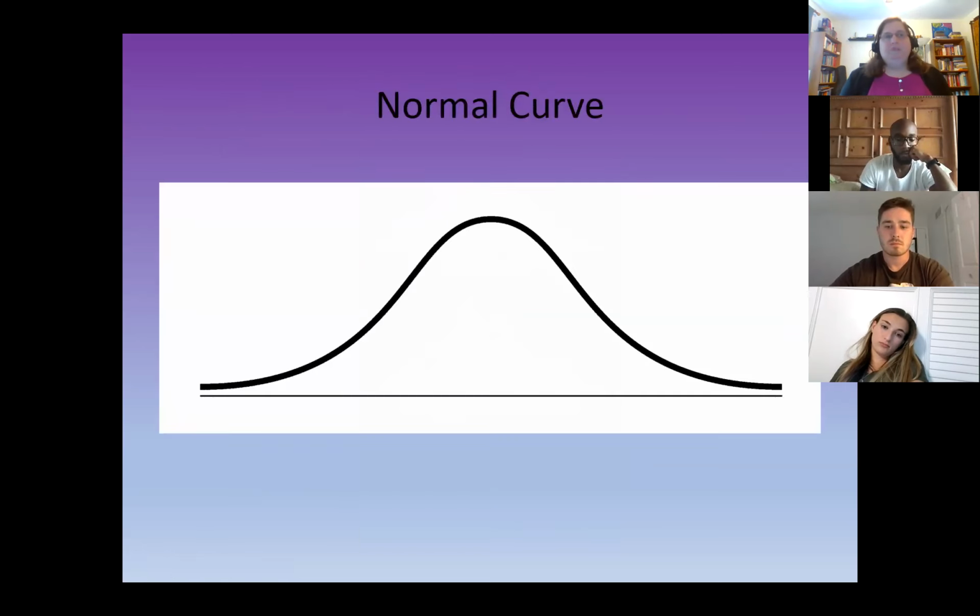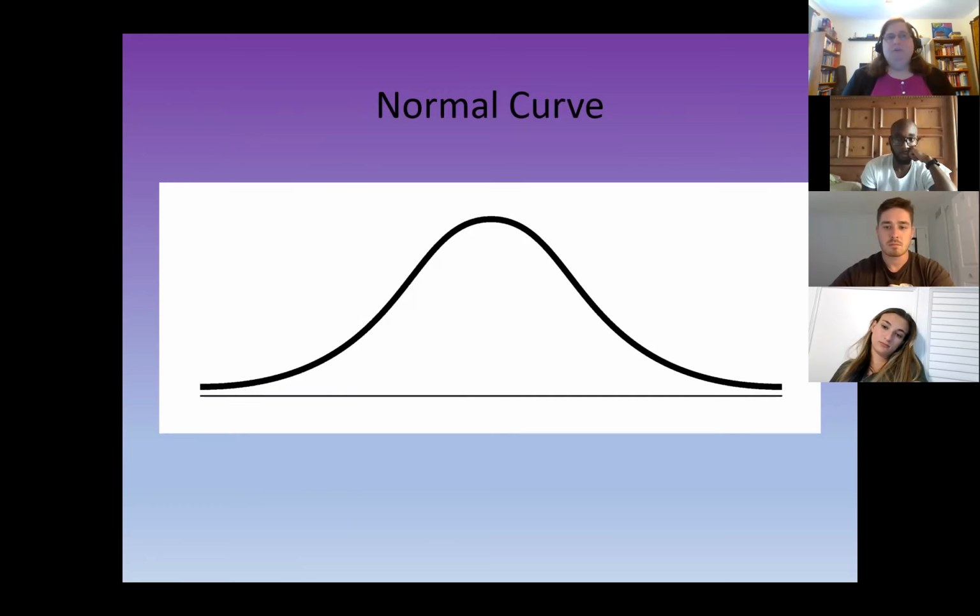Now, speaking of perfection, there we have our perfect normal curve for you. And it is a unimodal curve, as I mentioned before. It's got that old-fashioned bell shape, right? And it's symmetrical, which means if I took it and folded it in half, both sides would line up. So that's our normal curve.